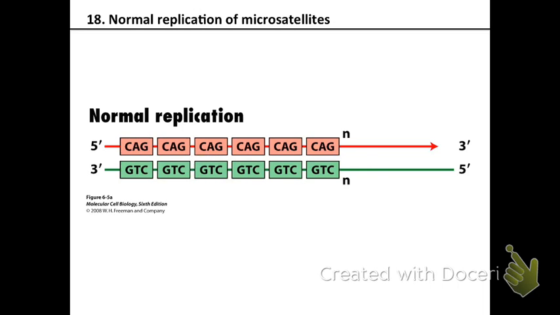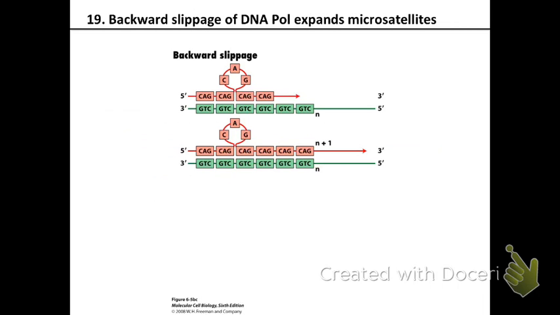And so during normal replication, imagine that this top strand is the new strand that's being synthesized. You should make exactly the same copy that's matching the parental strand, which is the bottom strand, right? But sometimes our DNA polymerase slips on the template. It's going along making an exact copy of the parental strand, but sometimes it slips backwards, okay?